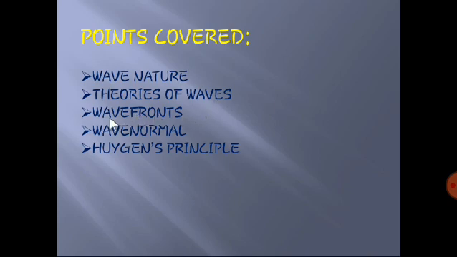The third point is wavefront. The wavefronts are of two types, actually three types. We haven't seen the third type. The first type is spherical wavefront, the second type is plane wavefront, and the third type is cylindrical wavefront as well, but we have not seen that. Moving towards the next point, which is wave normal, which is nothing but a ray of light. And the last point is Huygens principle that we have seen.